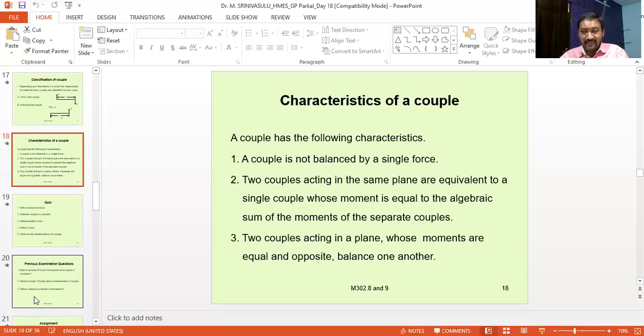If the distance between the two forces is less, then the force required is more, and if the distance between the two forces is more, then the amount of force required is smaller. So for smaller taps we need to apply more force, and if the tap length is somewhat larger, then we need to apply only less force.